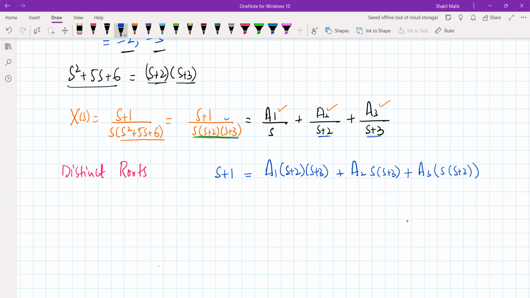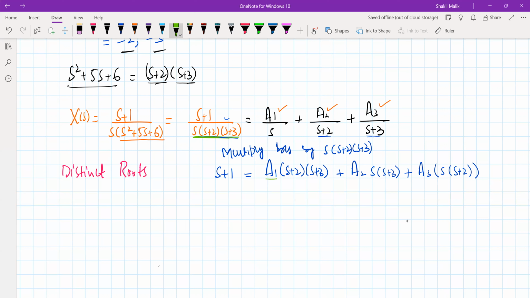So this is after we multiply both sides by s into s plus 2 and s plus 3, right?